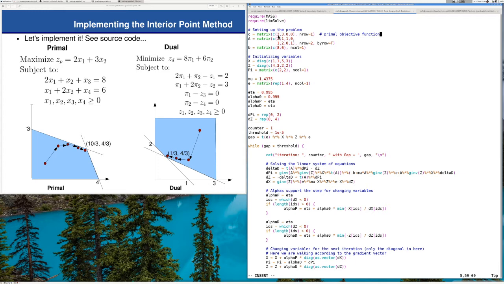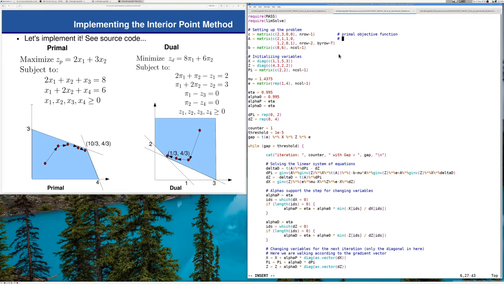That's why it is 2, 3, 0, 0. I just decided to create a matrix to represent this with a single row. That's of course the same as a transposed vector.